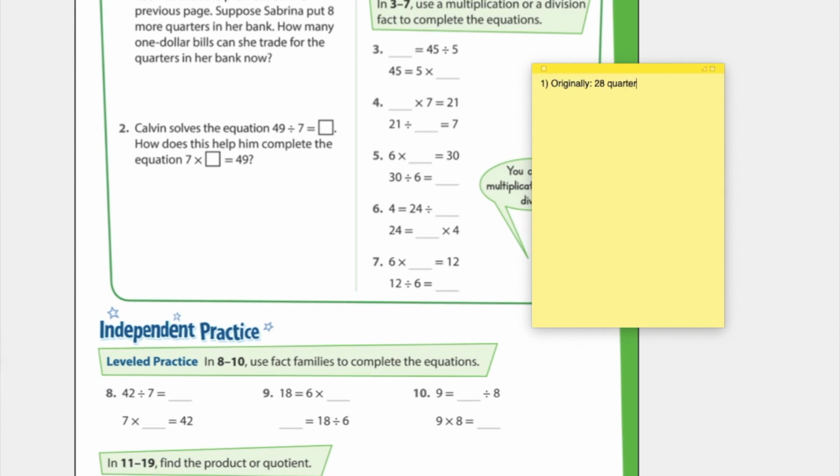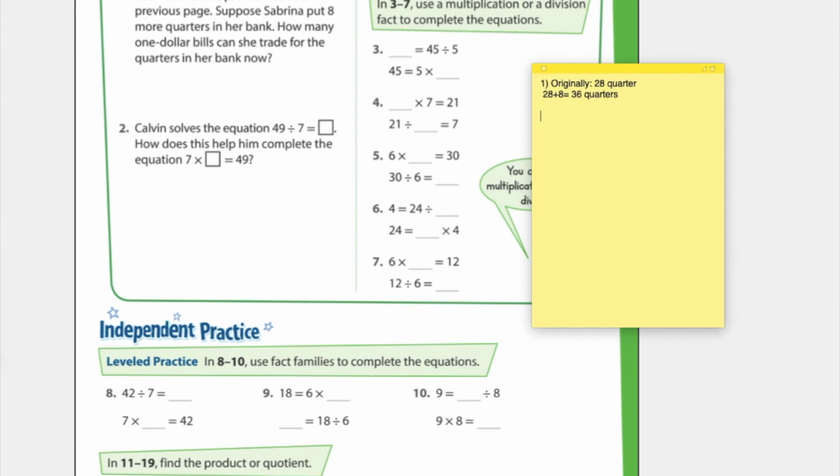So now she wants to add 8 more to that. So plus 8. So I would write 28 plus 8. 28 plus 8 will give you 36 quarters. So now that she added 8 more, she now has 36 quarters.